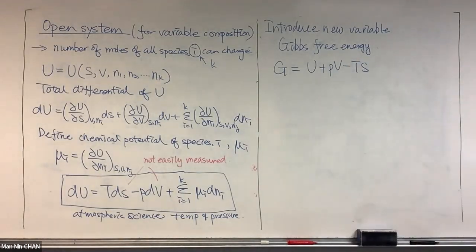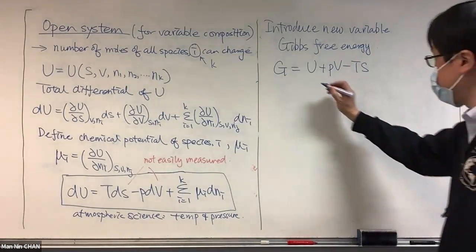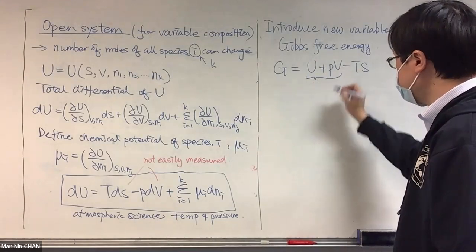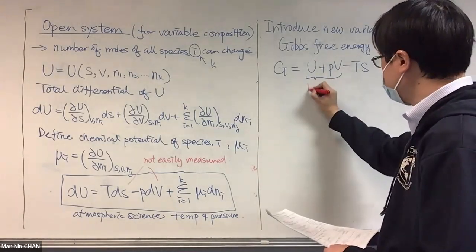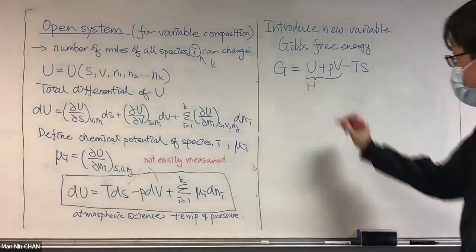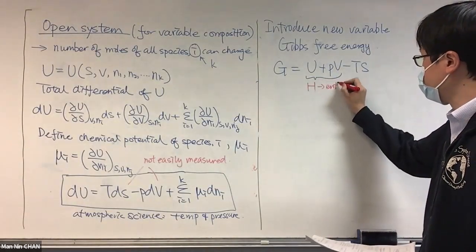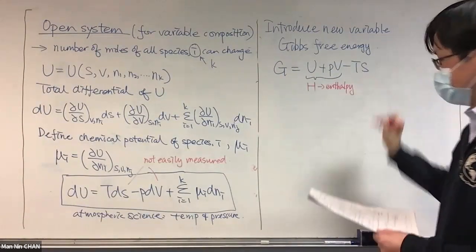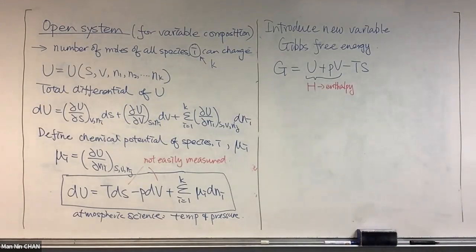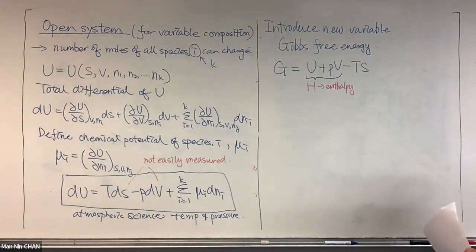By definition, this is what we call H, the enthalpy term, and then you minus TS. So basically, we are considering some available energy.